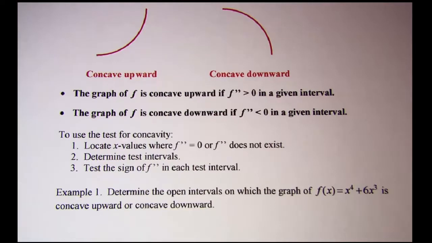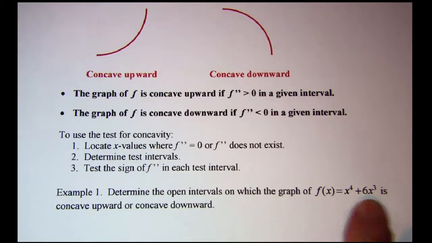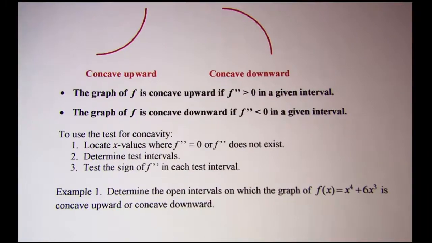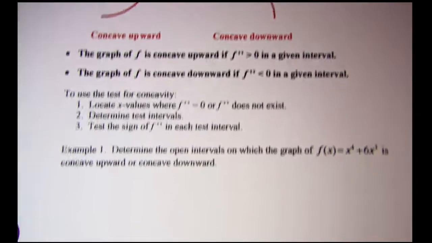The example that we'll be doing is: determine the open intervals on which the graph of f of x equals x to the fourth plus 6x cubed is concave up or concave down. So we need to find our second derivative.